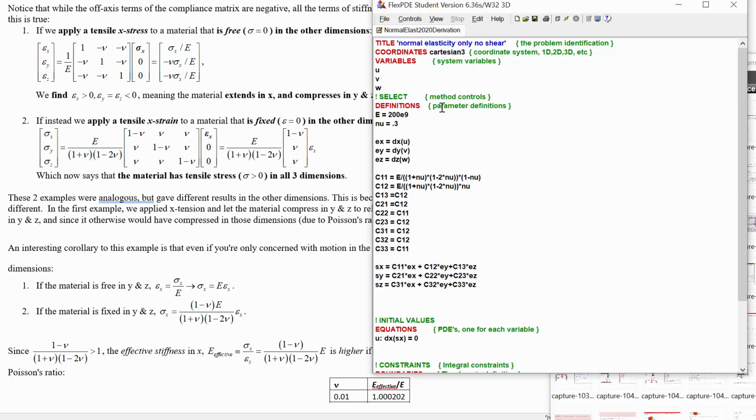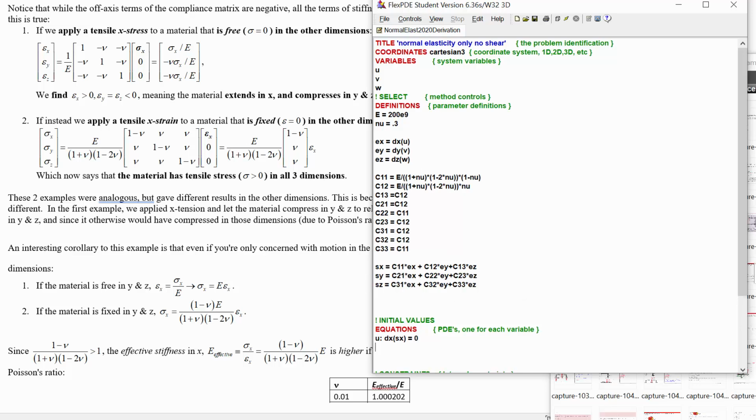Okay, so what do we have? We have our displacement variables. We have our parameters, material parameters. We have our definitions of strains in terms of slopes of displacement. We have our stiffness matrix components for an isotropic material. We have Hooke's law, which relates the stress and the strains.